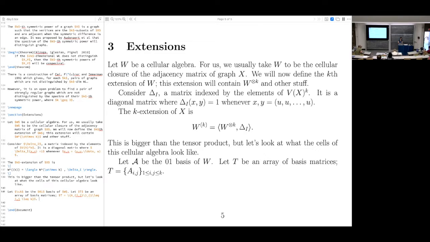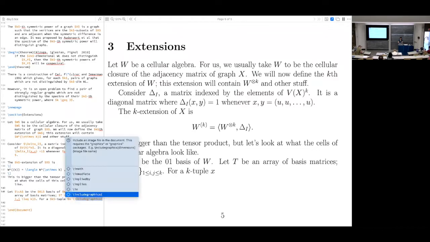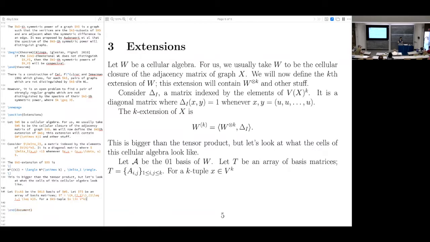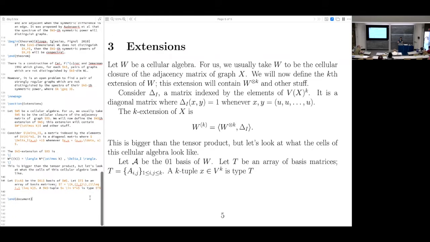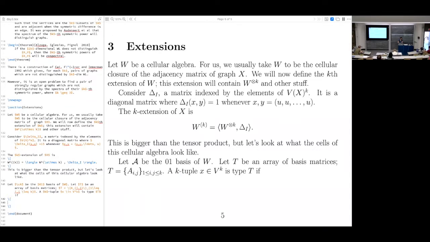Now for a tuple x in V^k, we will say that this k-tuple is type T. There's this array that is a subset of the 0,1 basis, but I've indexed them in some weird way. A k-tuple is going to be type T if it has the following property. For each of these matrices A_ij, if I look at the entry of x_i and x_j, these were tuples, this needs to be 1 for all A_ij.